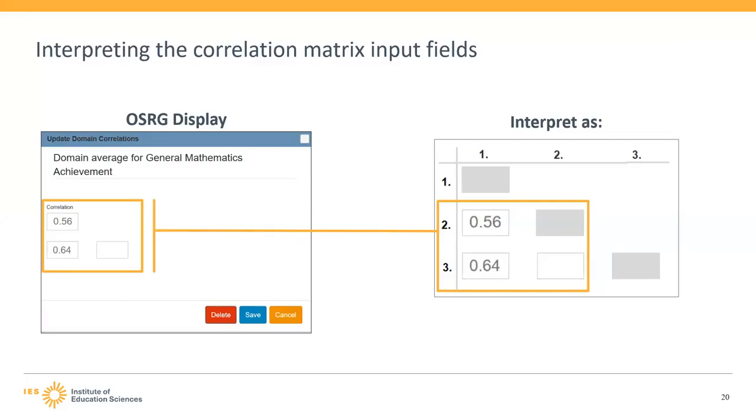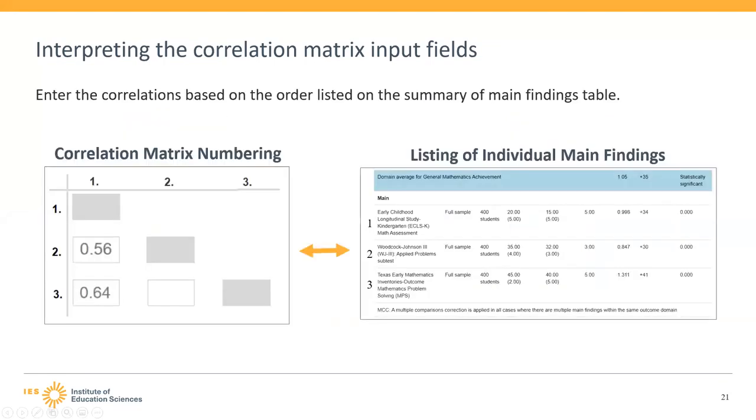These boxes correspond to the lower left off-diagonal entries of the correlation matrix shown on the right side. And the ordering of values in the correlation matrix pop-up should match the order of the individual main findings as listed on the rating page as shown here.